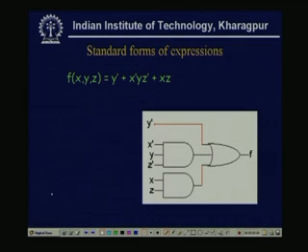If I think that in the 0th level there is y dash, then x dash y z dash and x z.